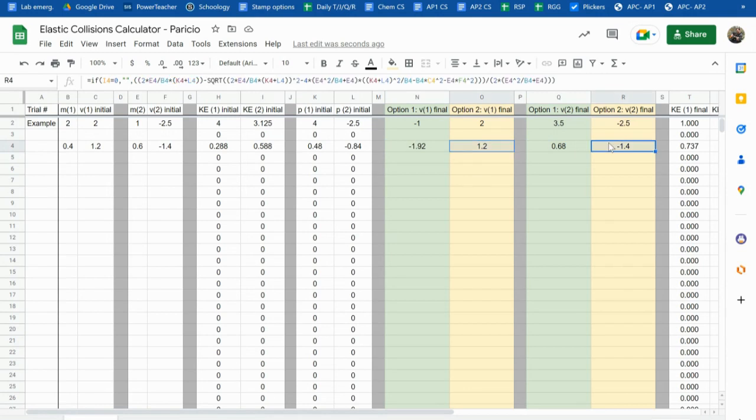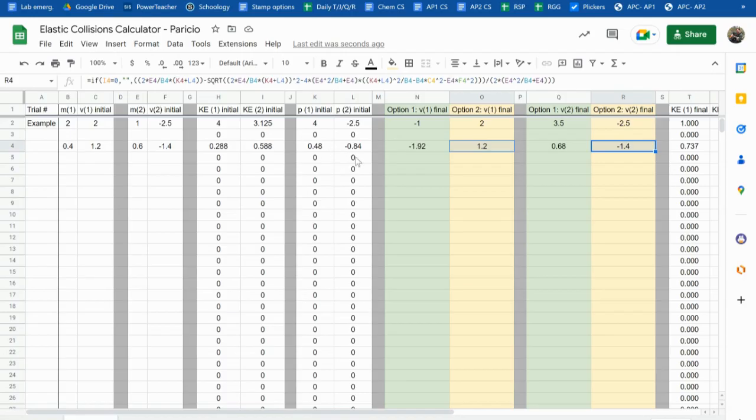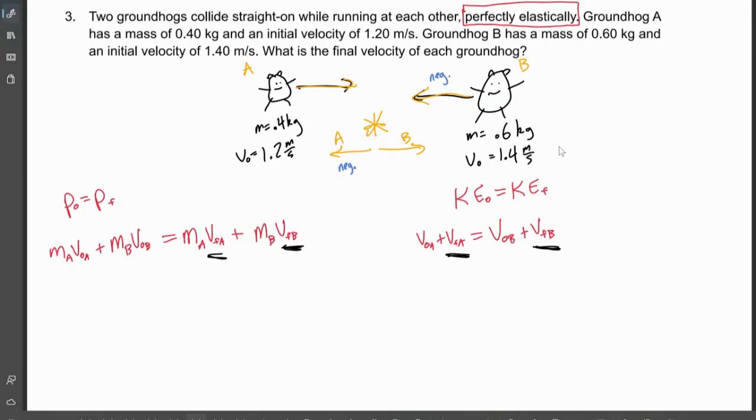Well, if groundhog A was moving forward initially, groundhog A has to move backward now. That means we need object A, or object 1, to have a negative final velocity. So to me, that looks like those numbers, where groundhog A will bounce back to the left and groundhog B will bounce back to the right. So groundhog A's final velocity is 1.92 meters per second to the left.